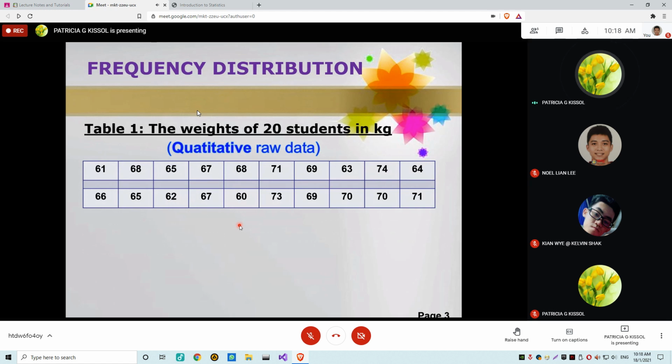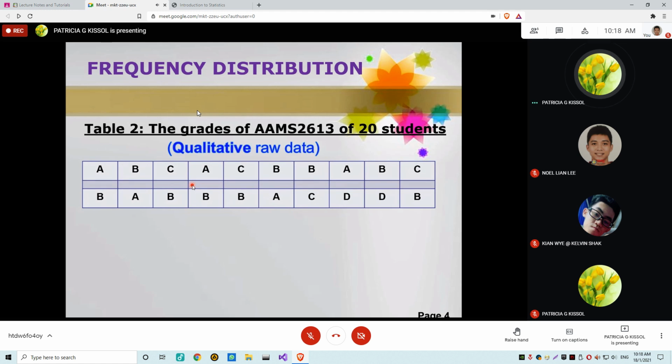So the first class, is it 60 to 63 or 60 to 62? 62. Yeah. So you can see from the table here, we have 60, 61, 62. Only three, right? 60, 61, and 62 fall in the first category.